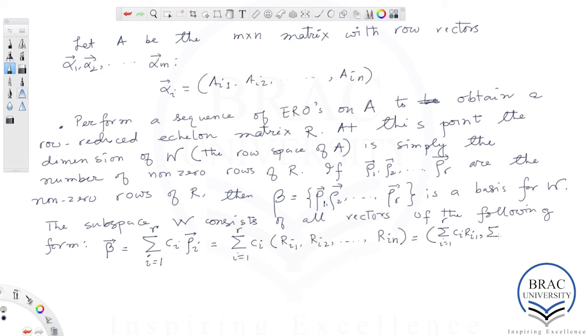The second component is the sum of all expressions like Ci Ri2, where i runs from 1 to r. That's the second component, all the way up to the nth component, which is the sum of all the expressions of the form Ci Rin, where i runs from 1 to r.